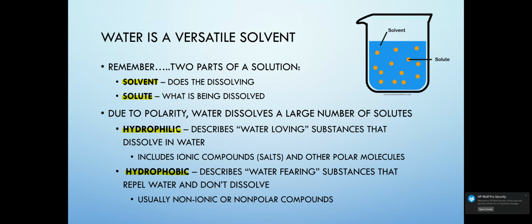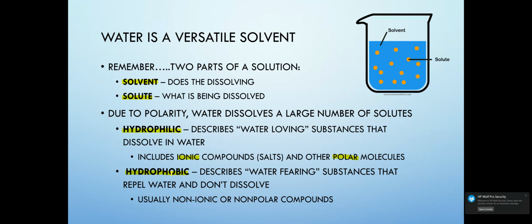And so things that are hydrophilic are going to dissolve in water. These are going to be your ionic compounds or your salts, things like sodium chloride, because the water can easily make those compounds dissociate into their ionic form. Or other polar molecules. Like dissolves like. Because water is polar, it will dissolve other polar molecules.